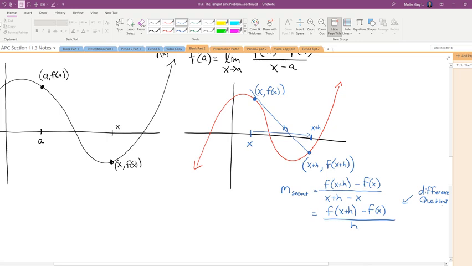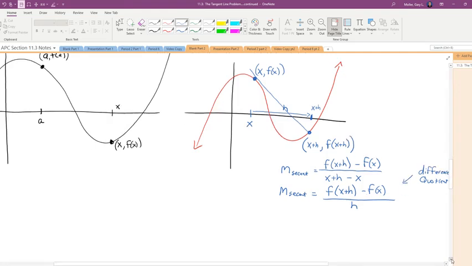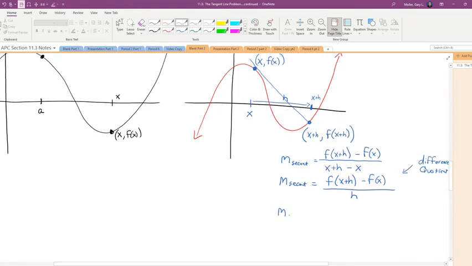So now if I want to make this the tangent line instead of the secant line, what do I do? The slope of the tangent line just means I need to bring the points closer together, just like before. So now I'm going to take the limit, and what's the distance between them? It's h. So instead of bringing the points together, I'm going to bring the distance between them down to nothing.